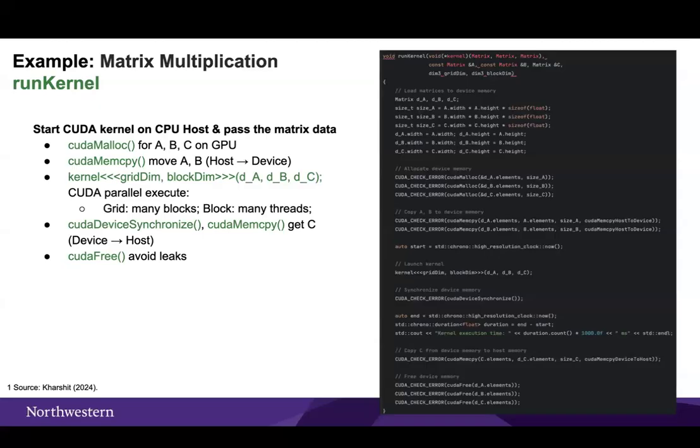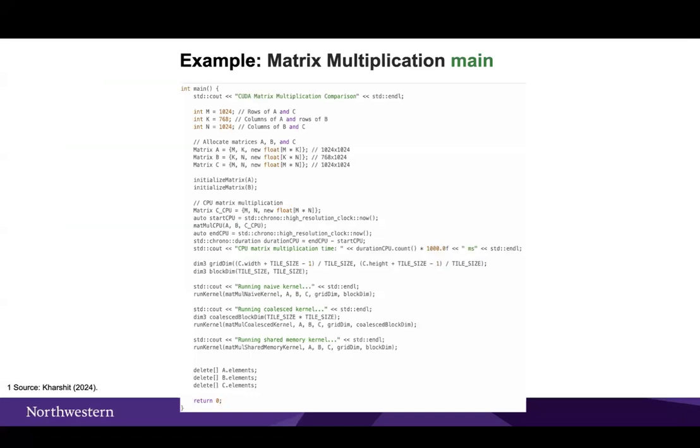After launch, the cudaDeviceSynchronize function ensures all GPU computations are complete, and the results, which is the C matrix, are copied back to the CPU with cudaMemcpy. Finally, the cudaFree function avoids memory leaks.